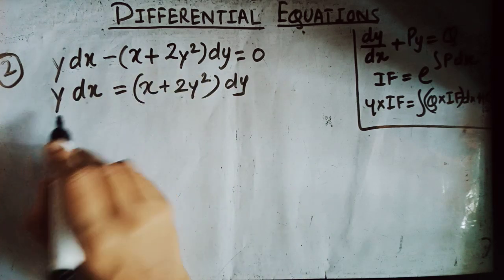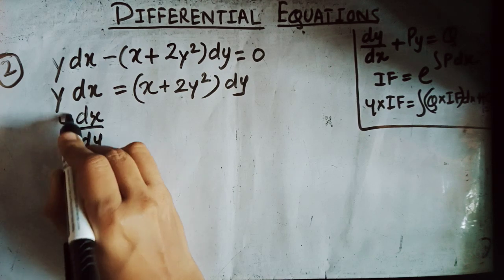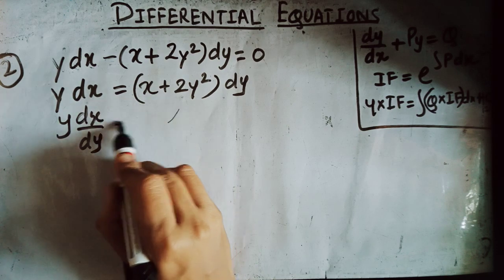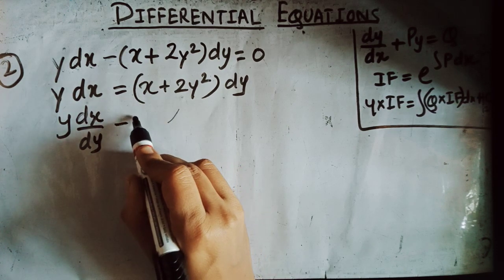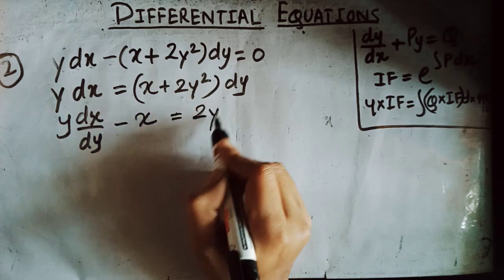So I'm going to write it in the form dx by dy. So dx upon dy, taking this x this side and keeping 2y that side.